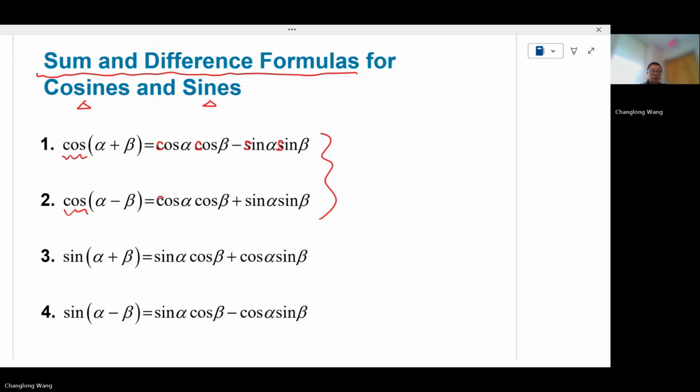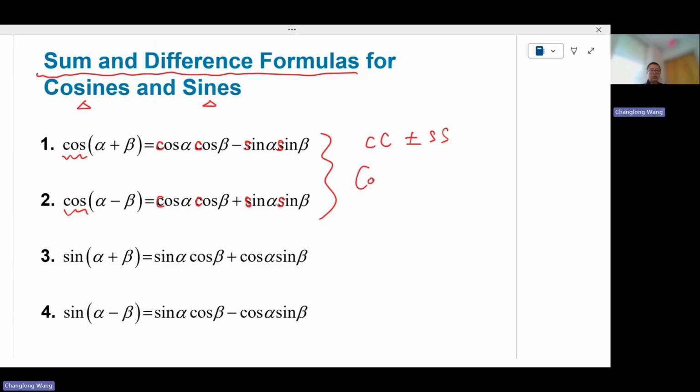The thing that will mess you up is whether you're adding or subtracting the two products. Here's my way to remember cosine of sum and difference of angles. It looks like cosine cosine plus or minus sine sine, so CC plus or minus SS. Now you have to remember when to add or subtract.